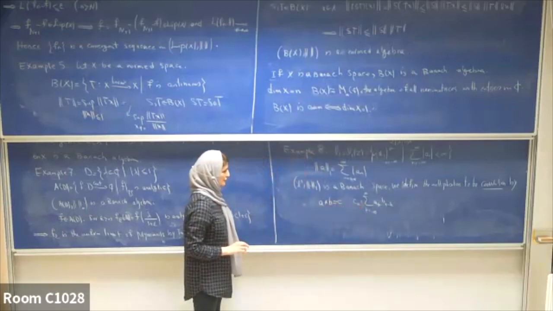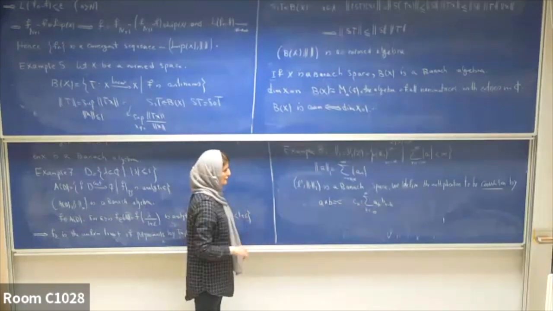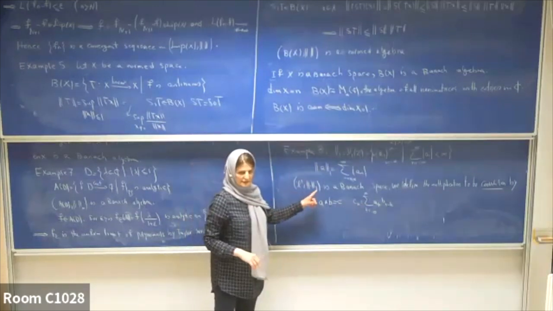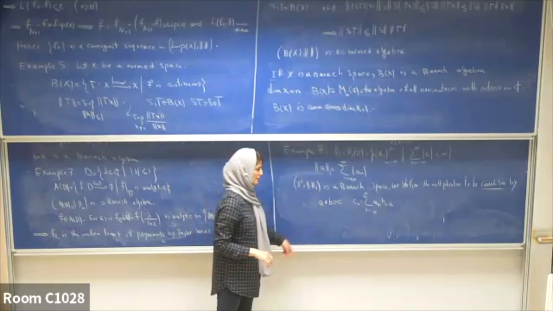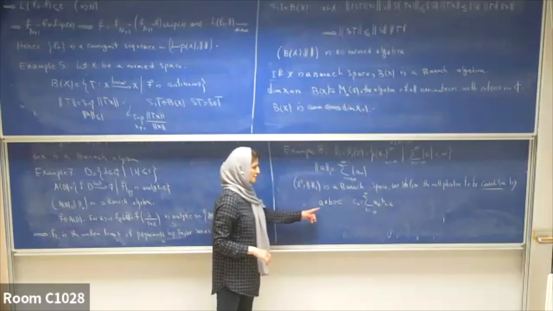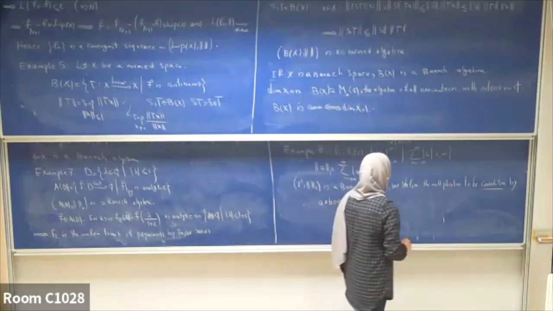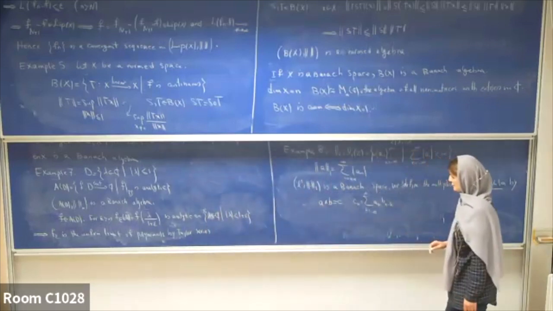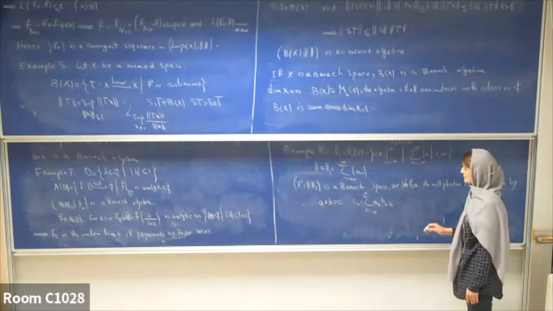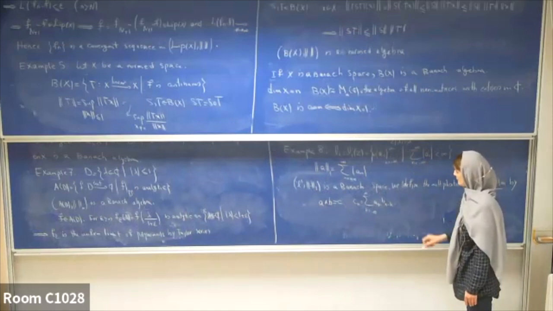I also want to check that the norm is submultiplicative, so we see that this is also in L1. But anyway, apart from the submultiplicativity of the norm, you can see that it's well defined.